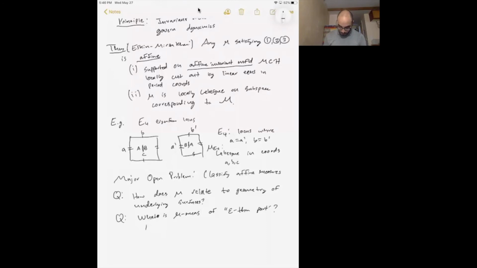The epsilon thin part is the locus of surfaces in the stratum that have a saddle connection of length less than or equal to epsilon.